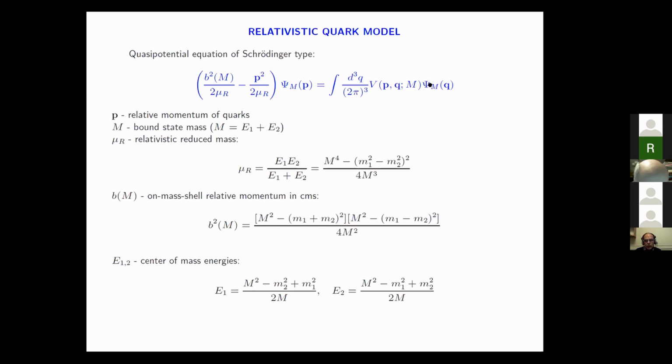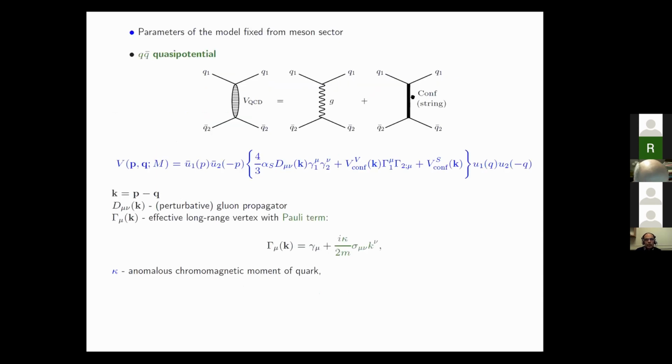Here we have the quasipotential of the interaction, and it is necessary to construct it, which is done with the help of the off-mass-shell scattering amplitude. First, we developed our model for the description of ordinary hadrons, mesons and baryons, and we keep all the assumptions and parameters from these sectors.